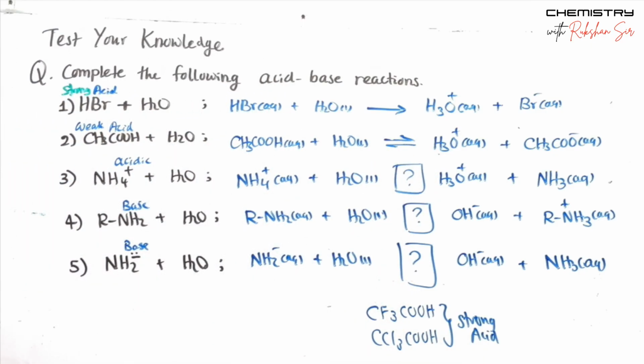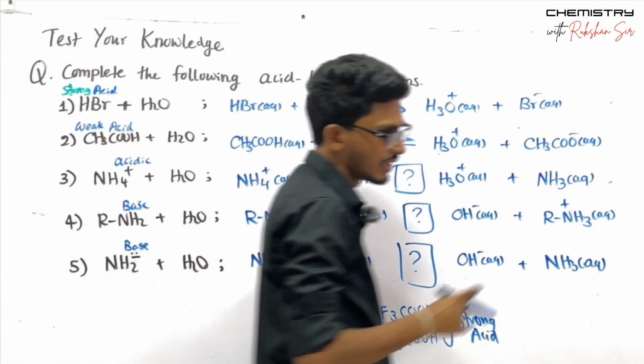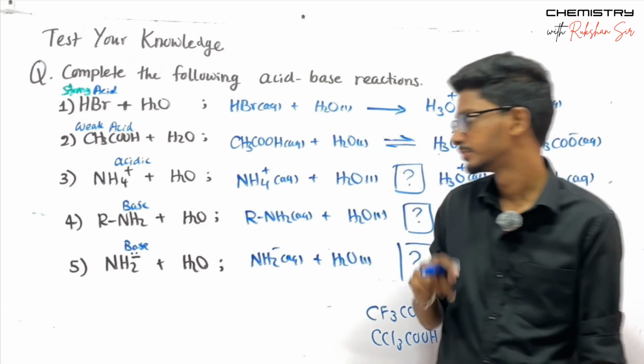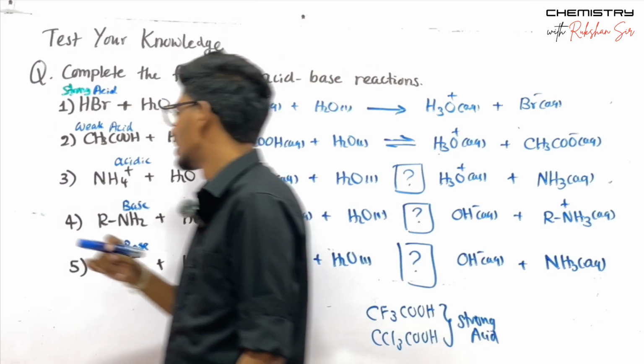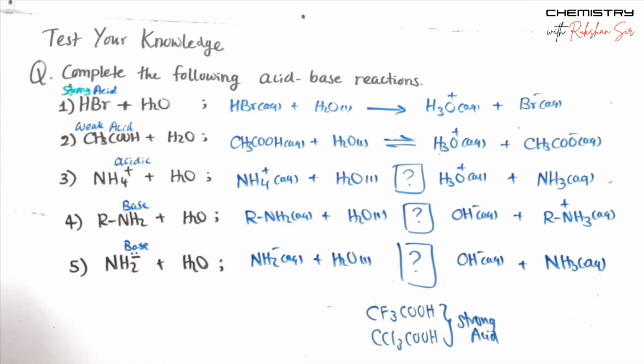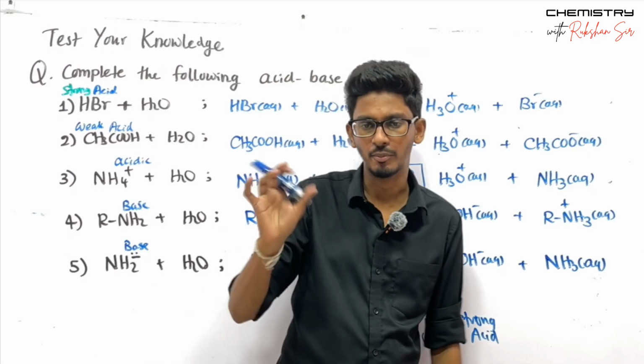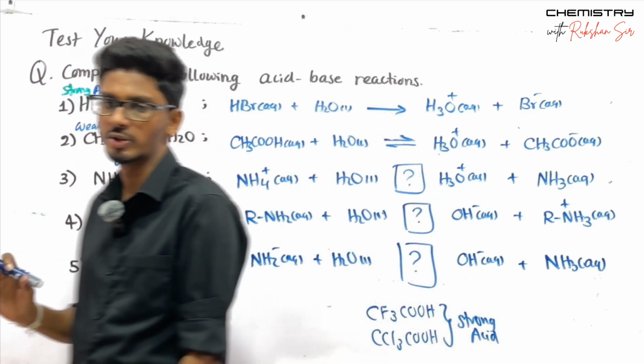Ammonium salts. Ammonium salts come from ammonia and so on, right? It is not that much of a strong acid.